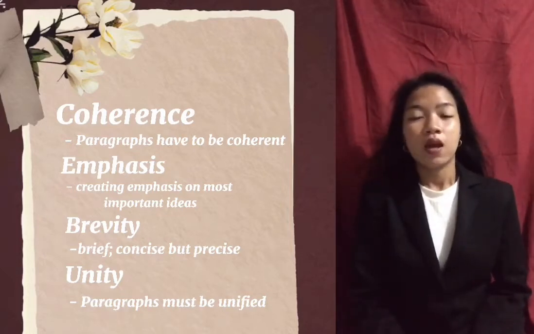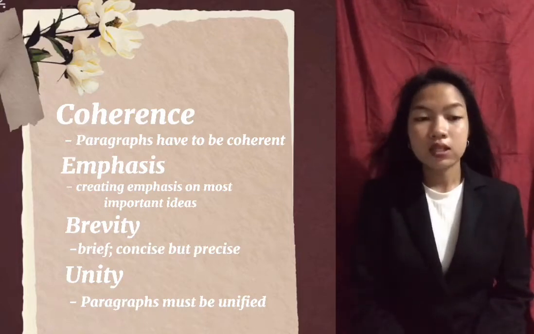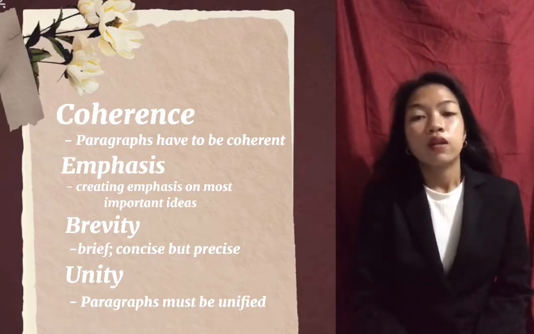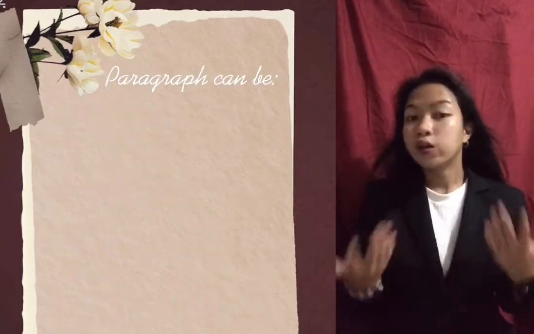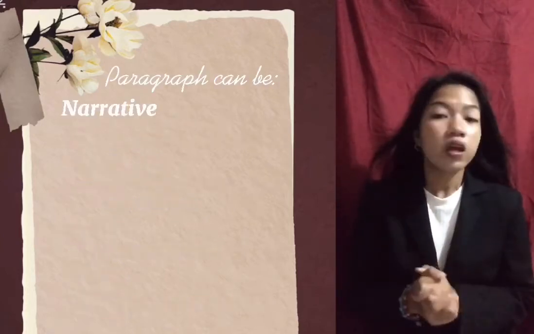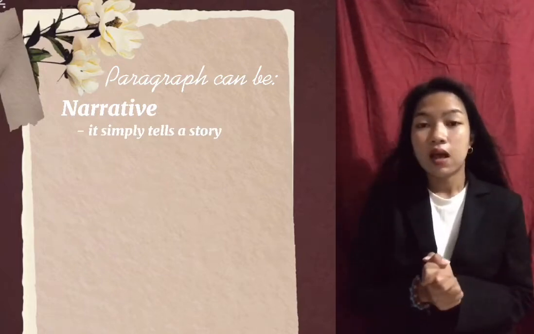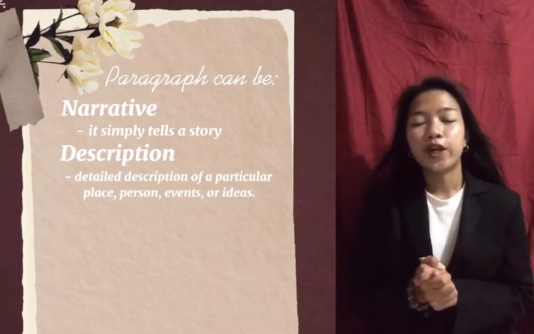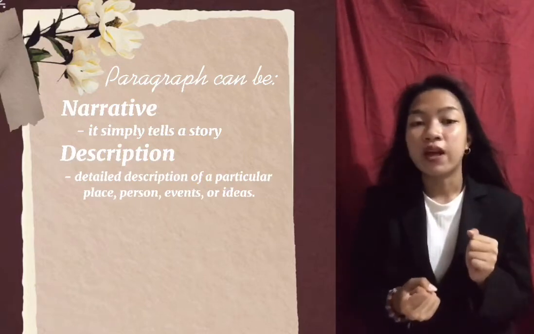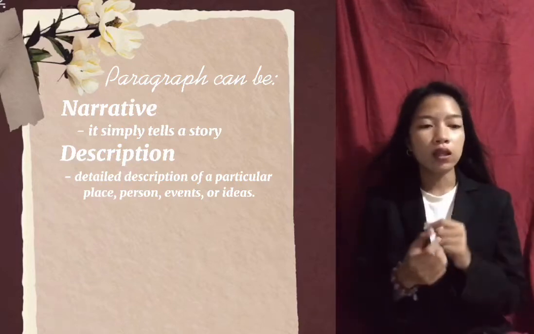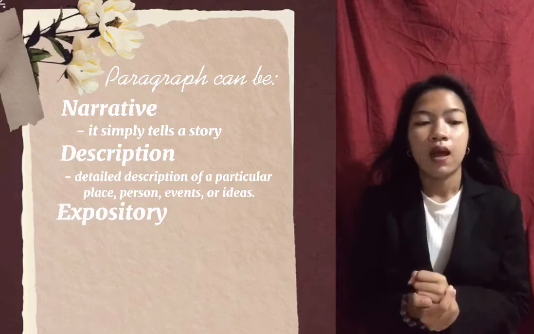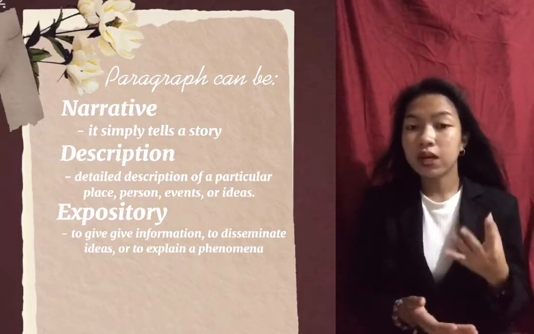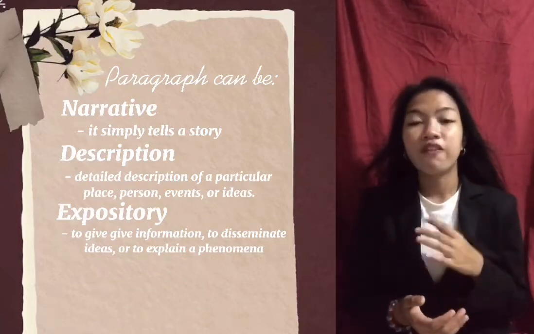U for unity. It must be unified, and it is important because it aids the reader in following along with the writer's ideas. A good paragraph can be narrative, in which it simply tells a story, or it can be a description, a detailed description of a particular place, person, events, or ideas, or if you want, it can also be an expository, a type of discourse that is intended to give information, to disseminate ideas, or to explore a phenomenon.